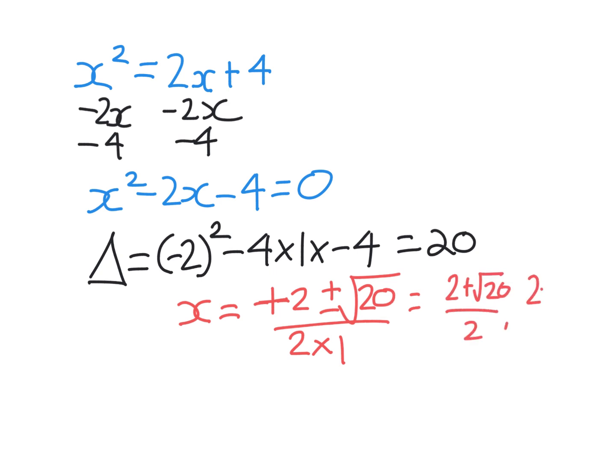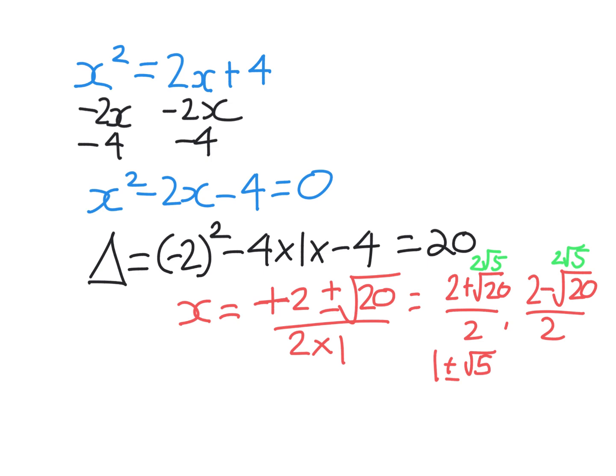And the other solution is 2 minus root 20 over 2. You might remember root 20 is the same as 2 root 5. So we can simplify this: 2 over 2 is 1, and 2 root 5 divided by 2 is just root 5. So the solutions are 1 plus root 5 and 1 minus root 5.